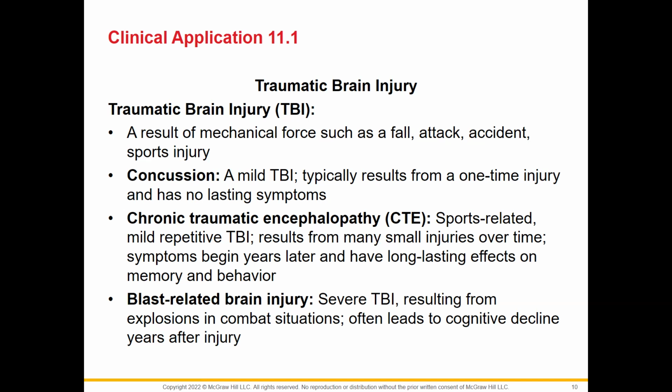So this is a mild but repetitive TBI, whereas a concussion is a mild singular TBI. So CTE results from many small injuries over time. Eventually, the symptoms begin years after the trauma had occurred and can have long-lasting effects on memory and behavior.